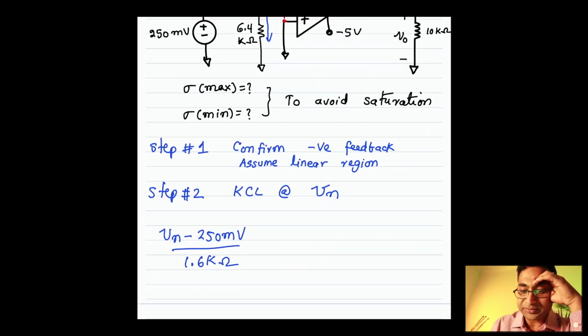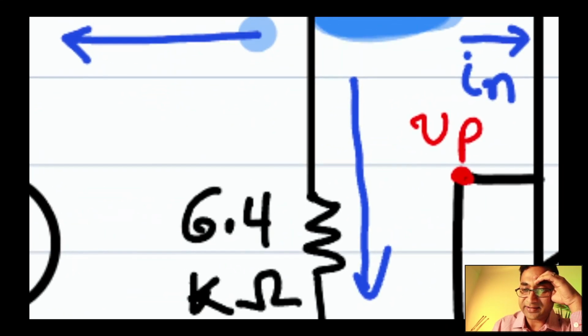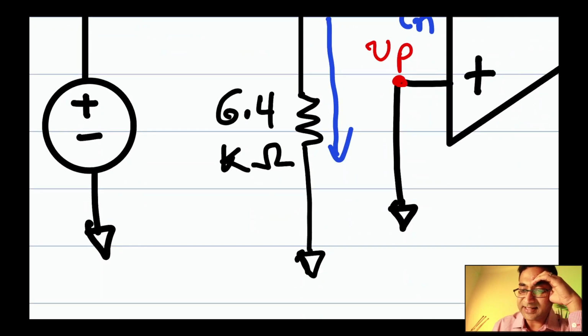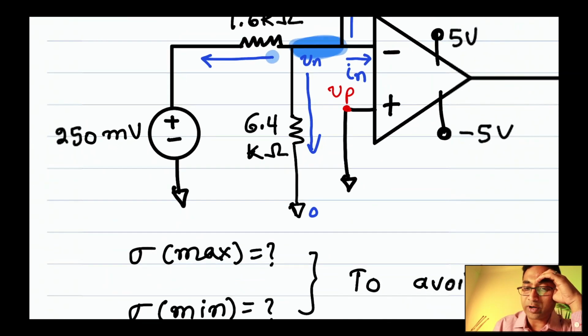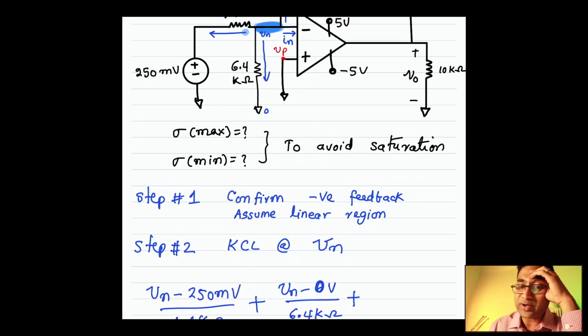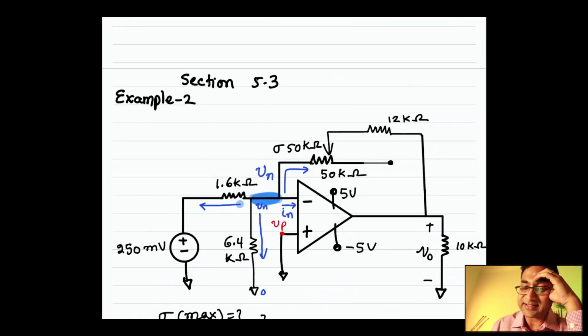Now there is the other branch, which is this right here. Vn minus 0 volts divided by 6.4 kilo ohms, plus, let's look at the third branch, In equals 0, I'm going to leave it there, plus, what's the current in this branch?